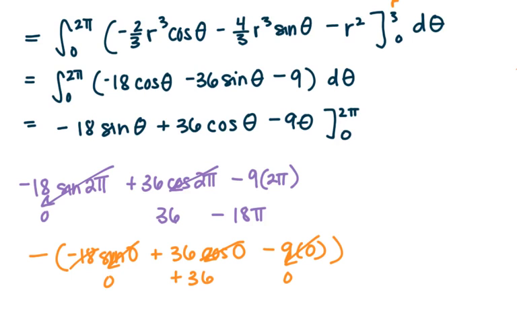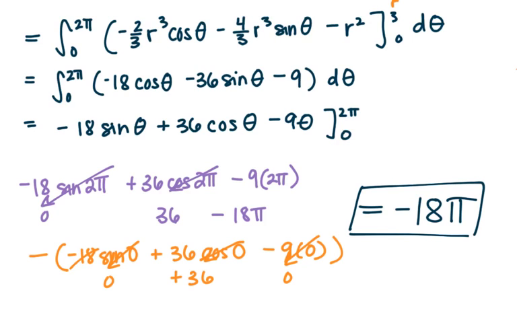So 36 minus 18 pi minus 36, we get negative 18 pi. And so this is the value we get when we used Stokes' theorem. We used this surface integral to calculate the flux of the curl of the field F, the vector field, across the surface S in the direction of the outward unit normal vector.